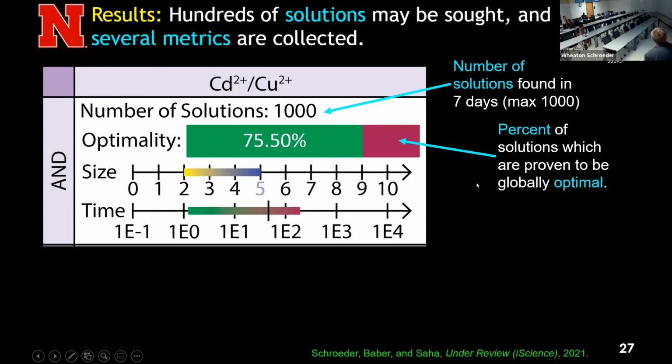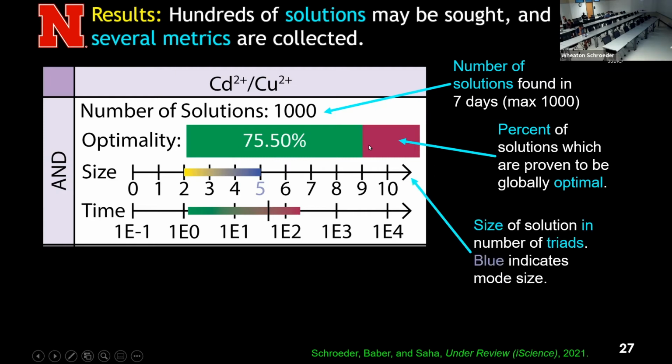We're also going to report on the percent of solutions that are proven to be globally optimal. This will serve as a rule of thumb for how well Eugene-SID found a solution, or how good the quality of those solutions is. Size indicates the number of triads in a particular solution. On this number line we can see a minimum, a maximum, and the blue will denote the mode.